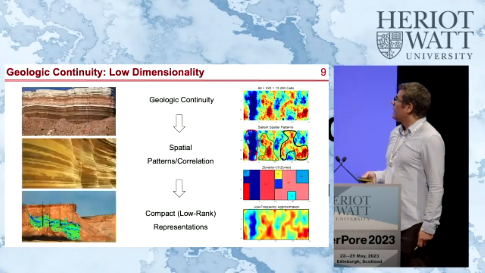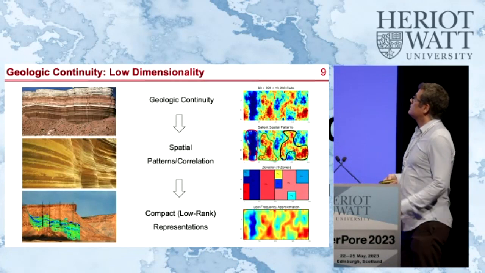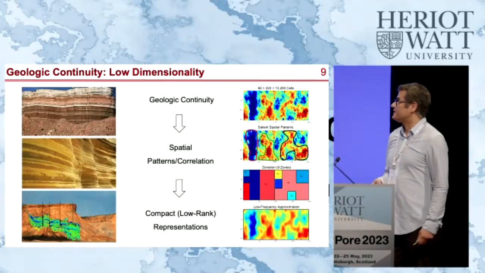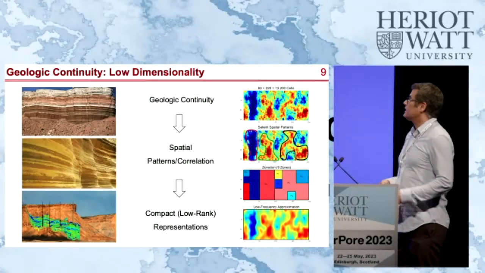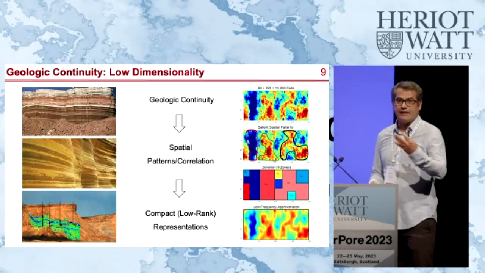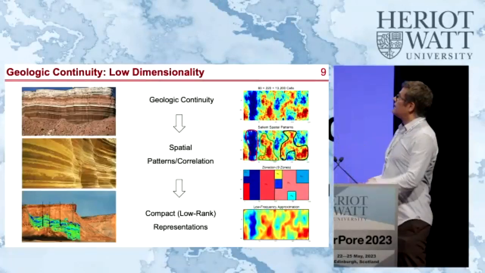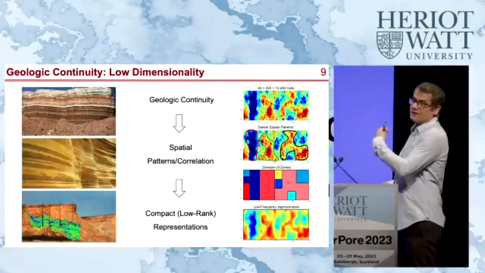So what people have traditionally done in the literature is to try to reduce the dimensionality of the problem, of the parameter space. Fortunately, because we are dealing with geology, there's a lot of correlation that exists in geological formations, and that lends itself to dimensionality reduction by getting rid of some of the correlation structure.